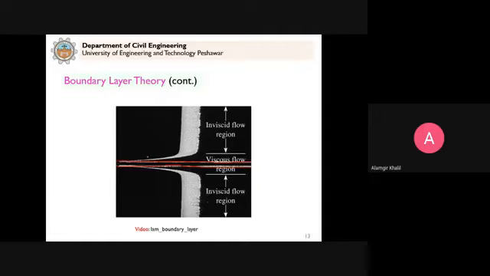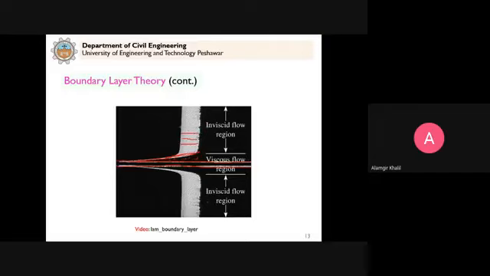Now you can see that this boundary layer develops. It means that within this boundary layer we have viscosity effects and we have the velocity gradients that will result. Outside this layer you see the velocity is uniform.